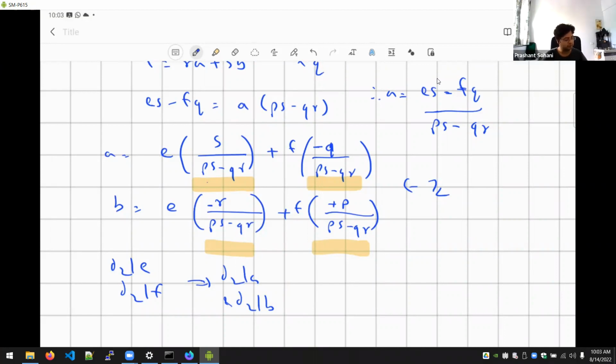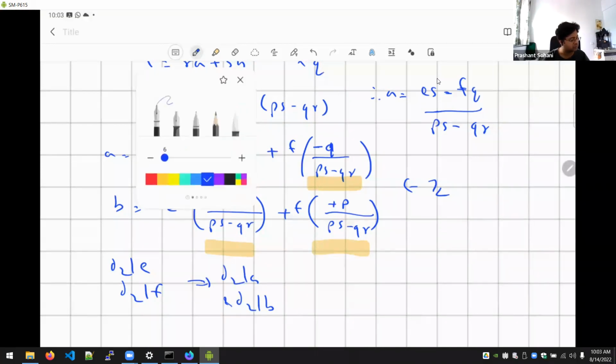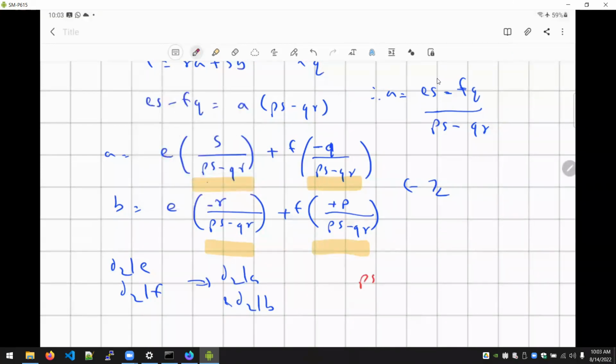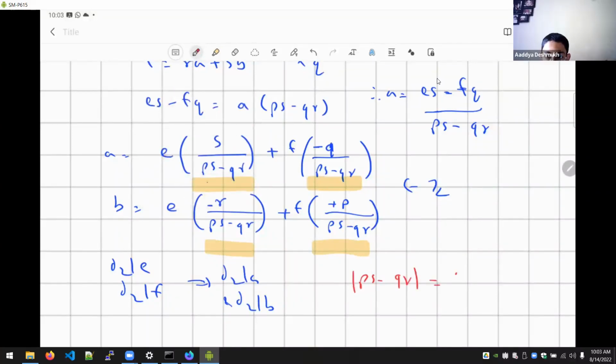What needs to happen is that these are all going to be integers. What if PS minus QR is equal to 1 or minus 1? Yes, sir. If it is one, then it can happen. The modulus of PS minus QR is equal to 1. If that is true, then obviously everything is an integer and we are done.